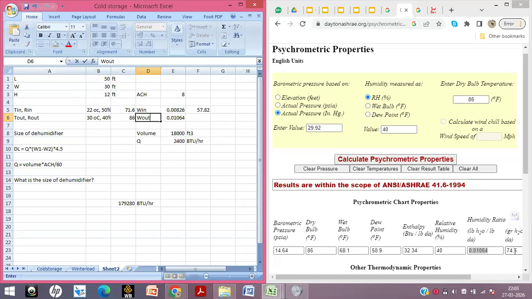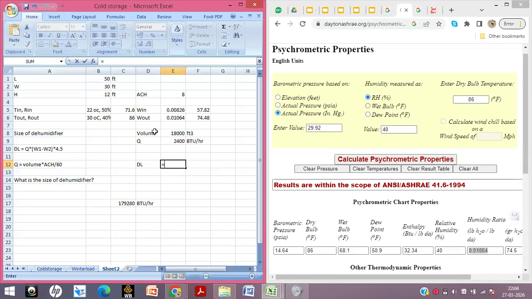And for your reference, let me also calculate from here: this times 7,000, which is 74.48. Okay, so what we can do now is size our dehumidifier. How much load is required, that we'll calculate now.